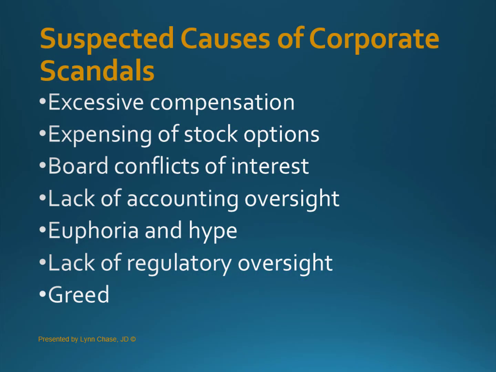Criminal or reckless conduct by a few corporations have resulted in high-profile scandals. Many people speculate as to the reasons why corporate irresponsibility happens, but a few causes simply come down to greed and lack of appropriate management controls.